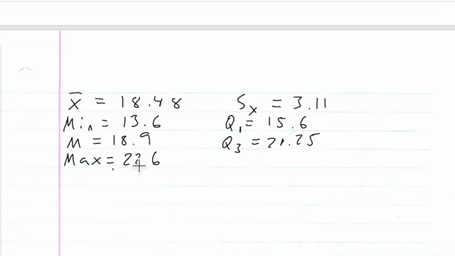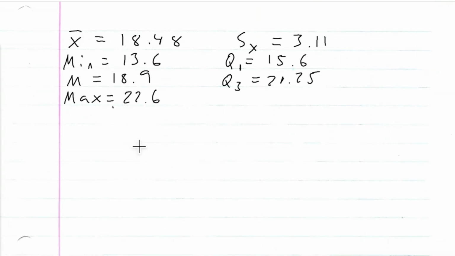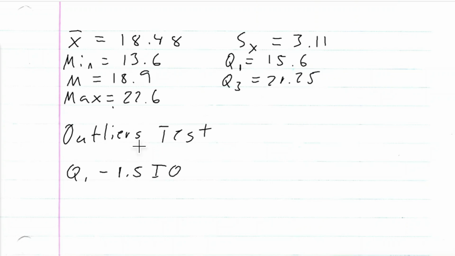As you can see, I filled in the data from that one variable statistics that we did on the calculator. So now let's go ahead and start our outliers test. It's quartile 1 minus 1.5 times the IQR.